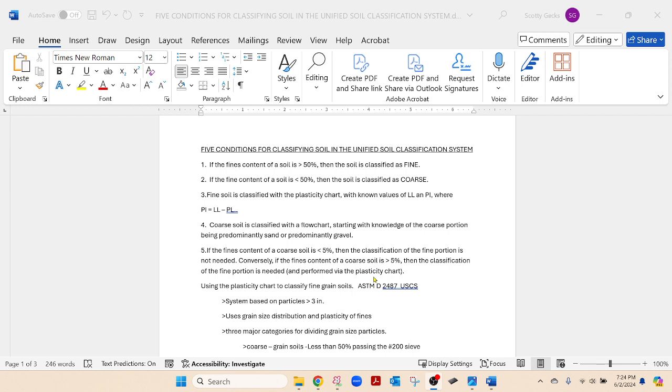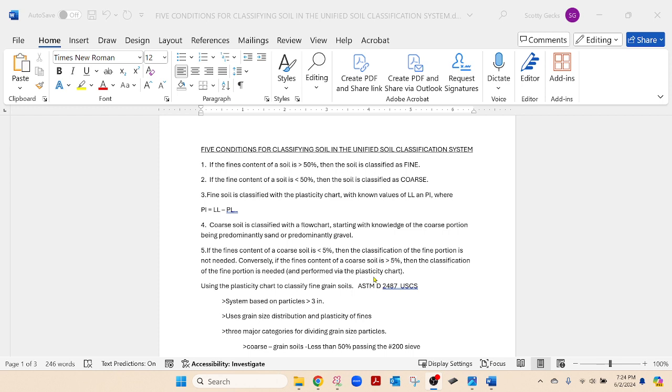So a coarse soil, this is number 4, a coarse soil is classified with the flow chart, starting with knowledge of the coarse portion being predominantly sand or predominantly gravel. There are some definite divisions between sand, not just coarse, but gravel, sand, and all of that. And we'll get to that in just a second.